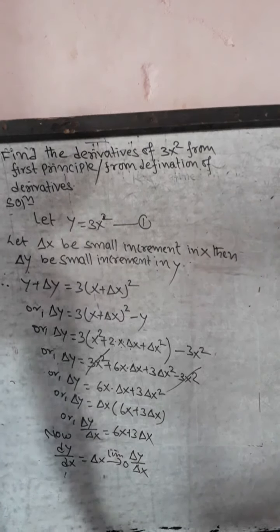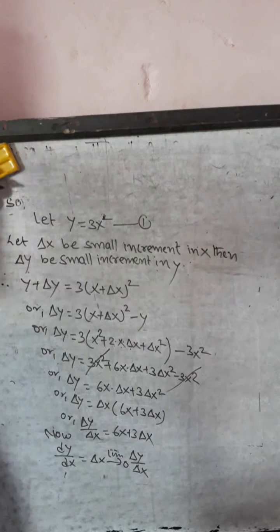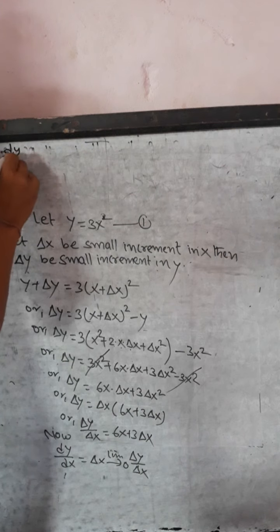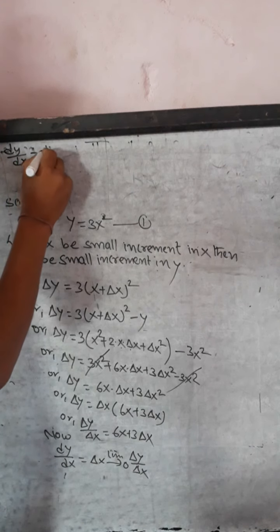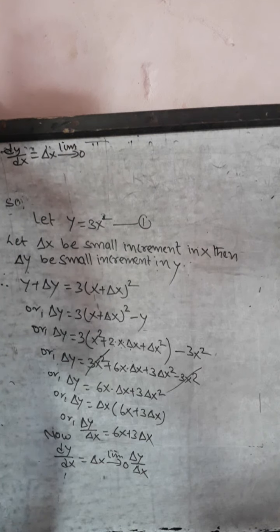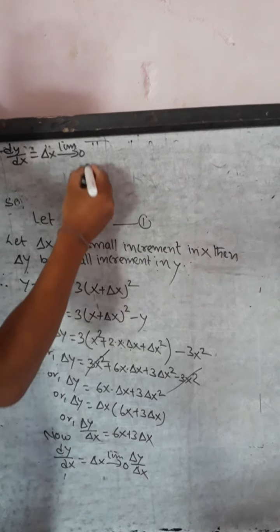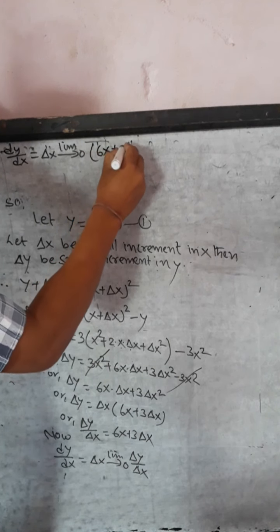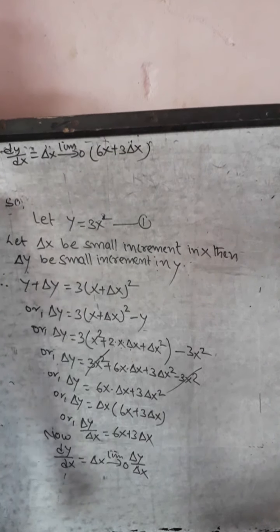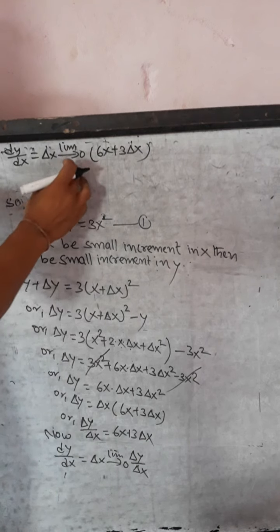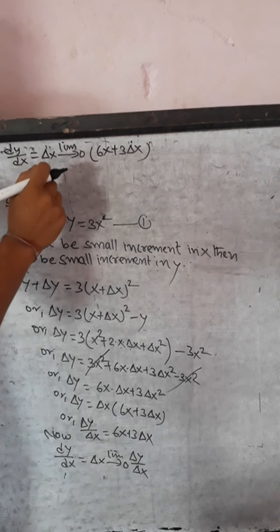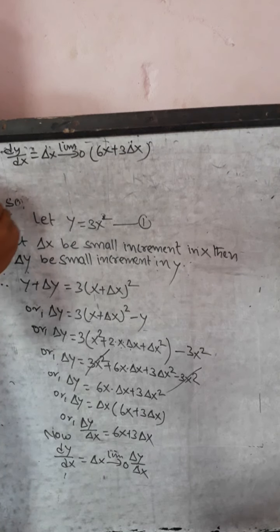Now let's move to the upper part. Now put the value of del y by del x, or dy by dx is equal to limit del x tends to 0, del y by del x means 6x plus 3 del x. Now if you put this value, will you get undefined? If you put 0, no, because 3 into 0 is 0, you will get 6x plus 0 means 6x, so you won't get undefined, so you can put the value.